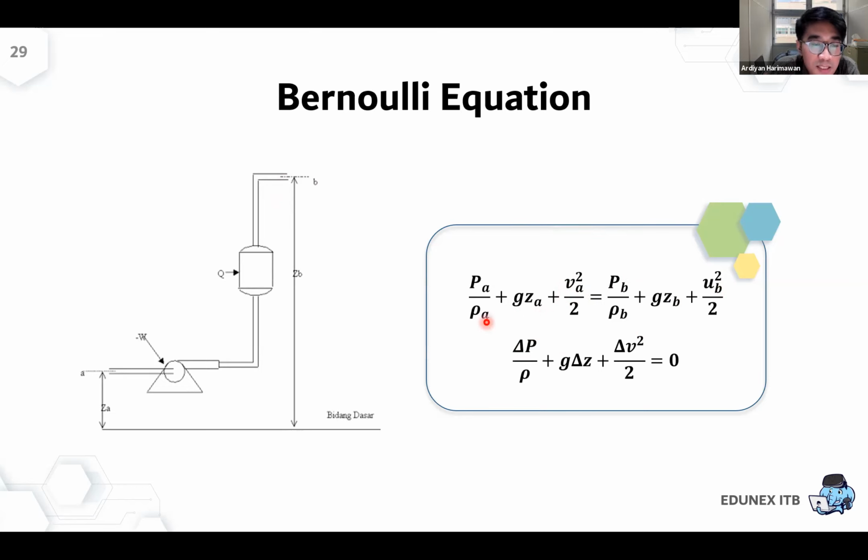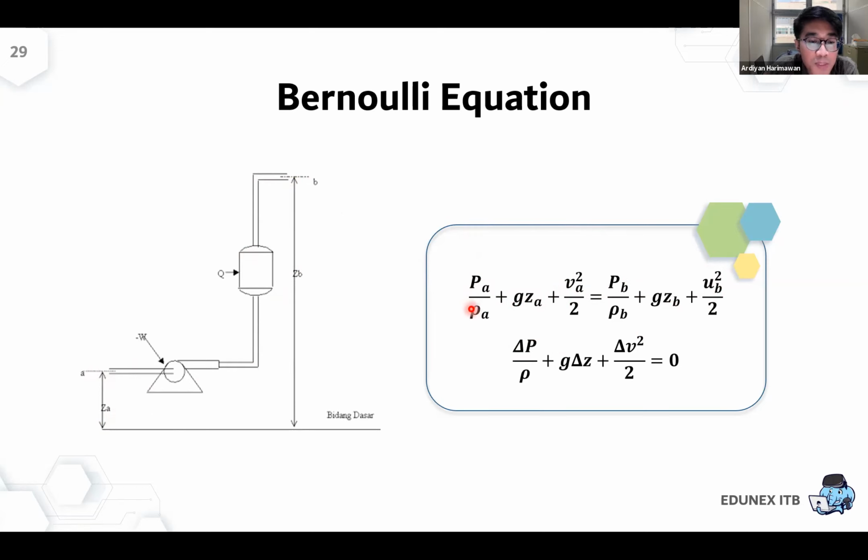Because of one type of energy, for example, in this figure, the potential energy is increasing from point A to point B because the position of point B is higher than point A. So there will be an increase of potential energy.